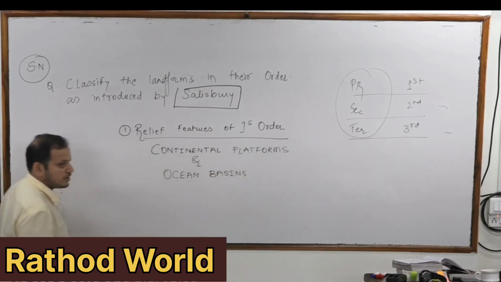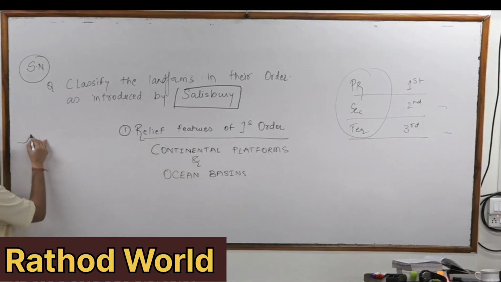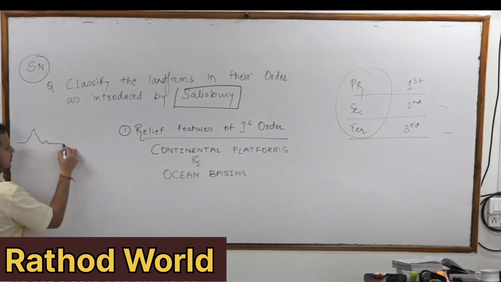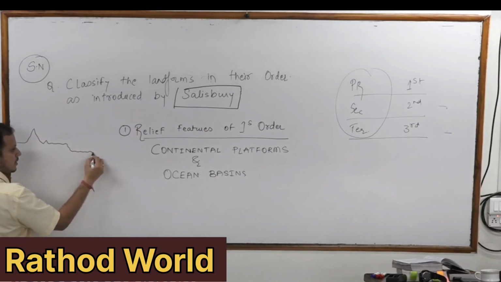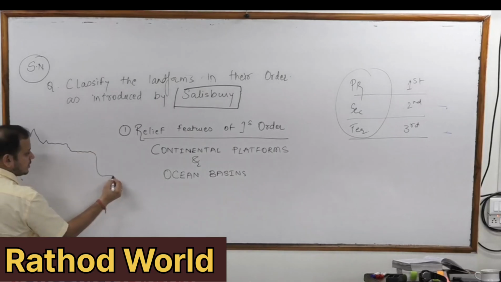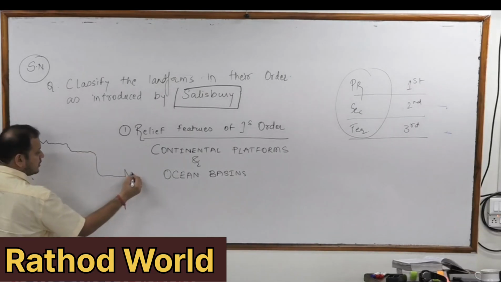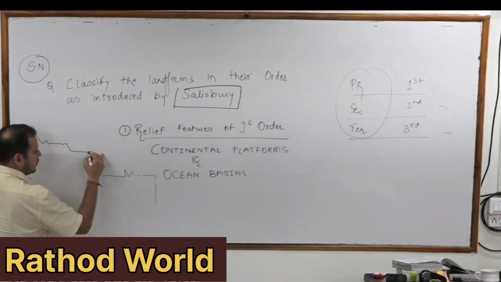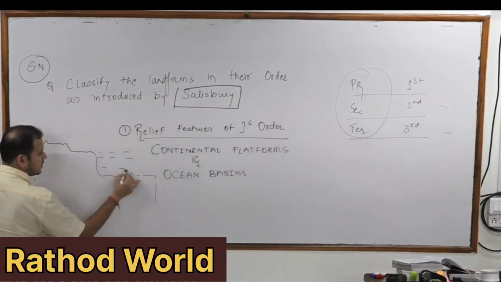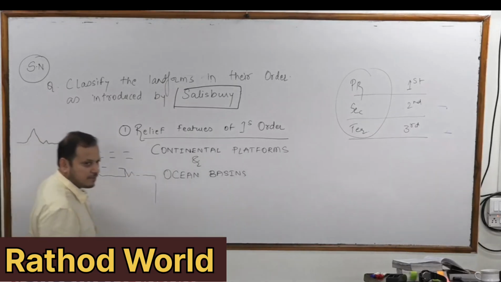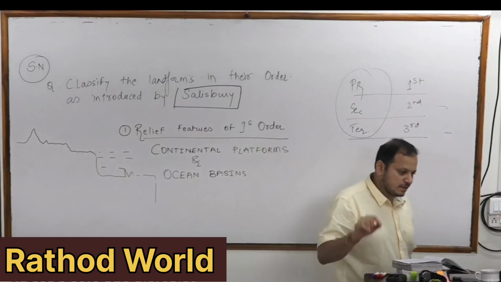Remember, not oceans, continents, mountains, hills, plateaus, plains. After that, the oceanic crust, above which there will be mountains, etc. So we will call this the ocean basins, the oceanic crust, the land which is below the oceans.